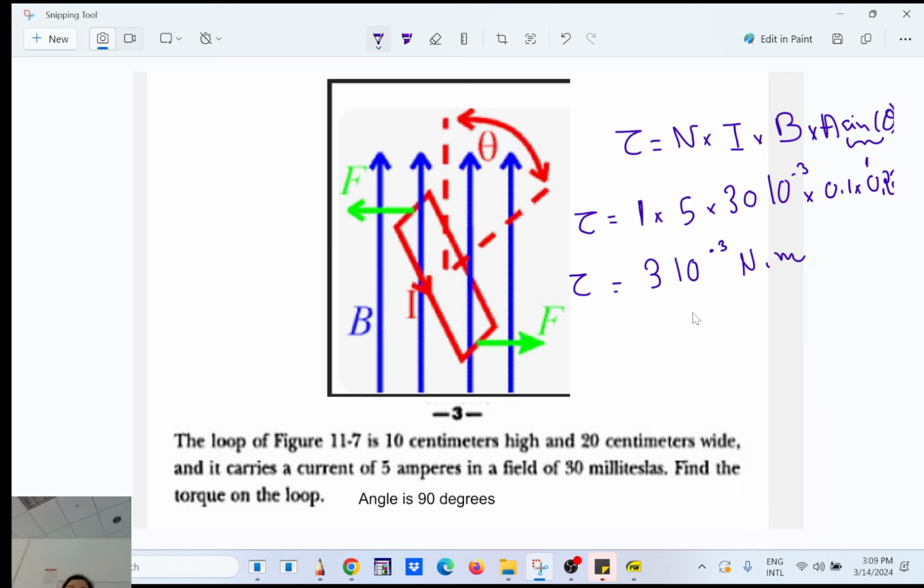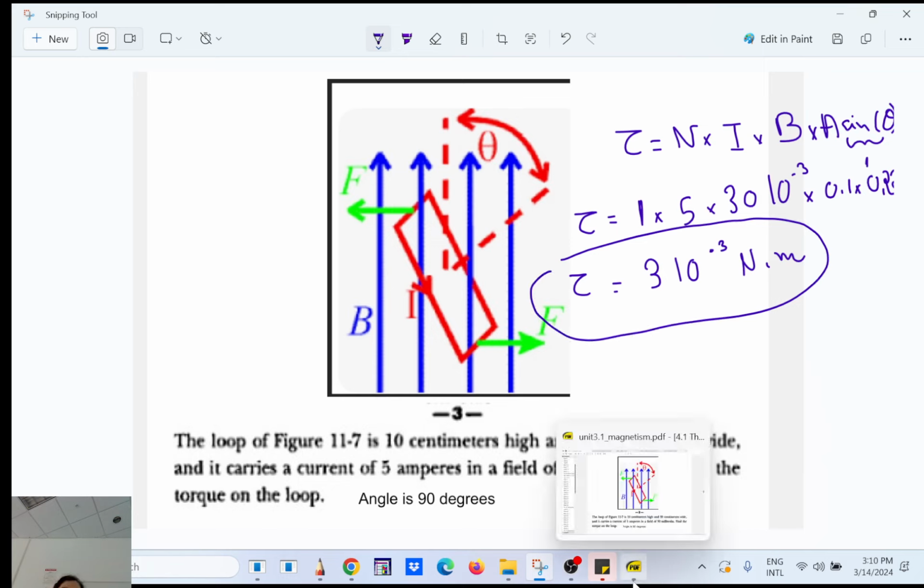Did I make a mistake? Good. So 0.003 Newton meters. Okay?